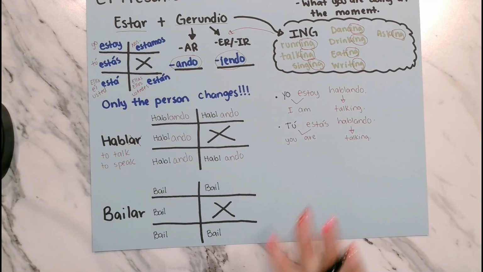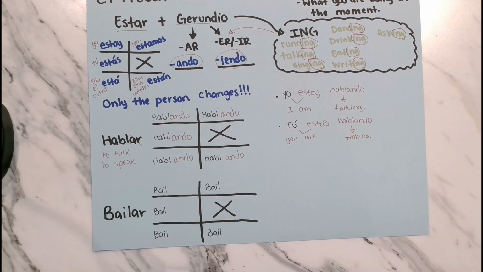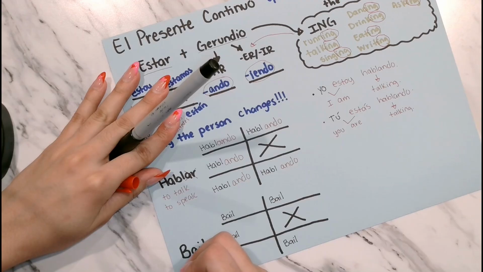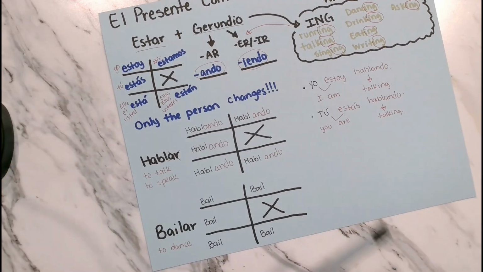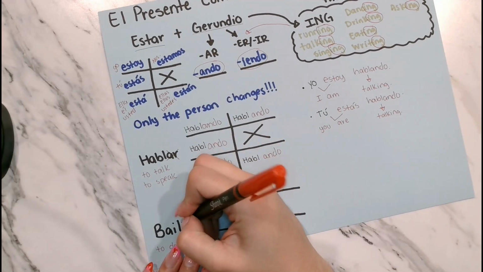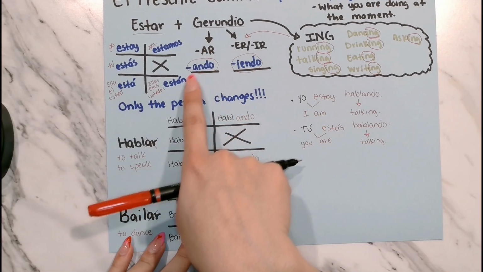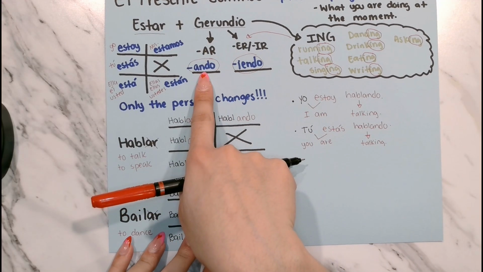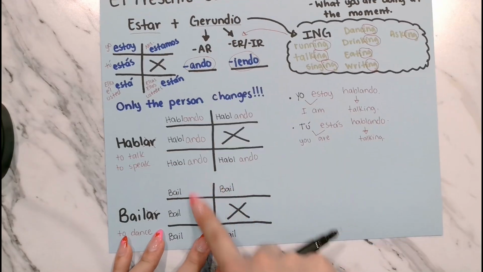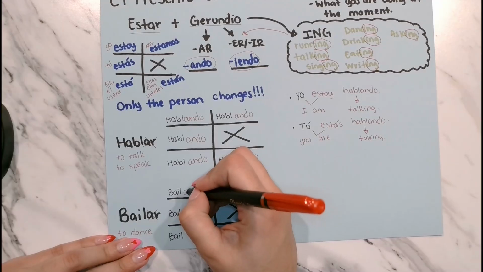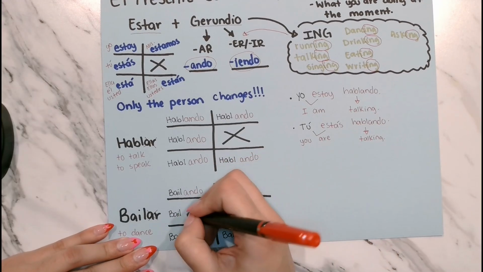Okay? Now we're going to conjugate bailar, which is what? To dance. Because it is AR, we're going to eliminate the last two letters, and we're going to use our AR ending, ando. Again, when it comes to the verb, it is not going to change. Ando.